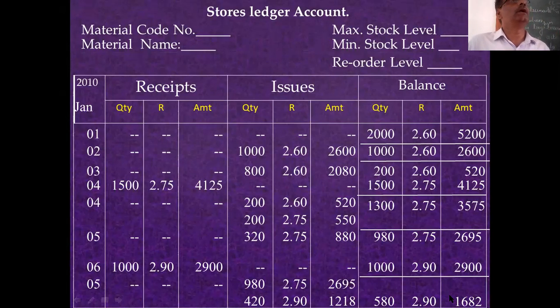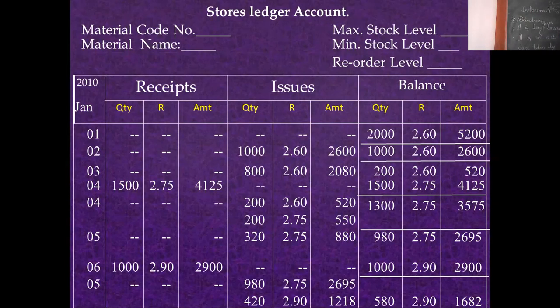Is this related with the 6th January purchase or not? 6th January purchase was 1,000 units at 2.90. Out of this, you issued 420 units and balance is 580. This is in the store. Some quantity is in store, some quantity is issued to the production department. So out of this quantity, you return 30 units to the supplier at the rate of 2.90.